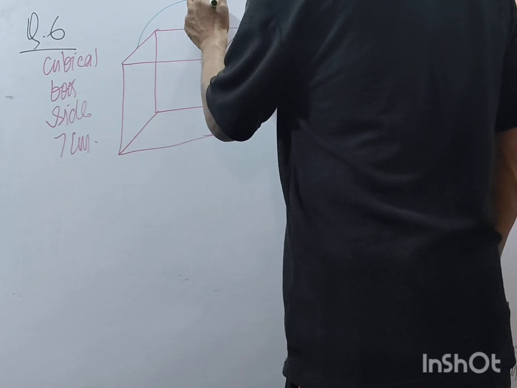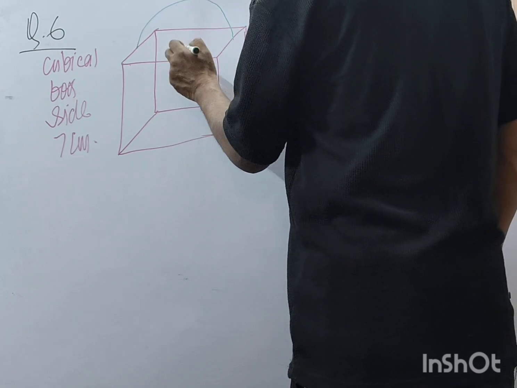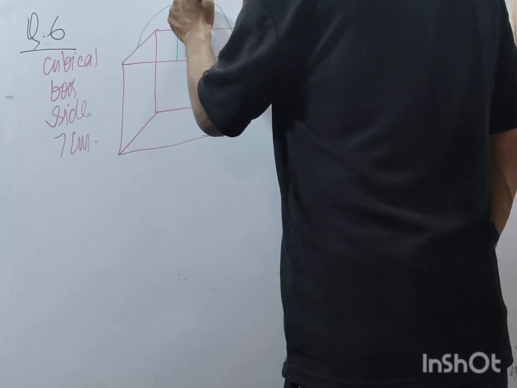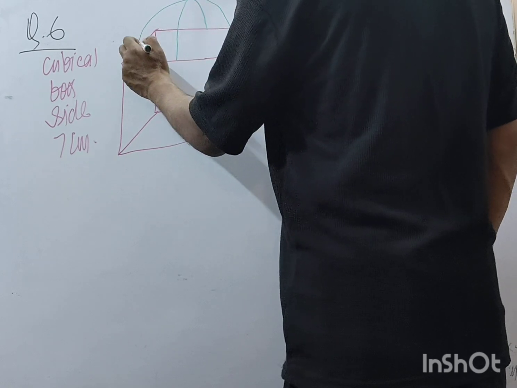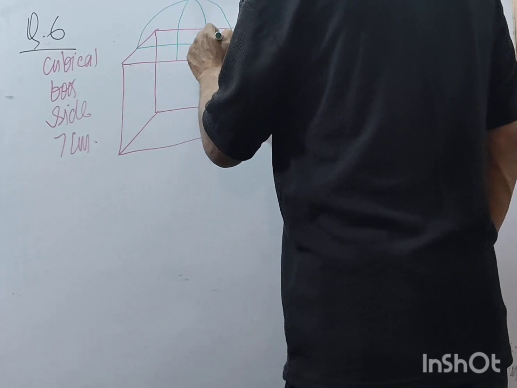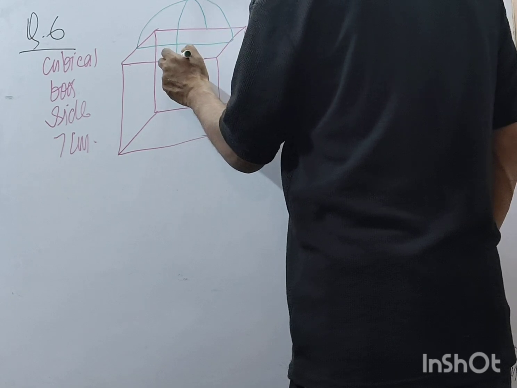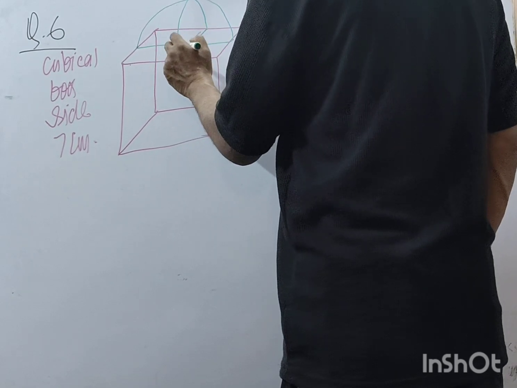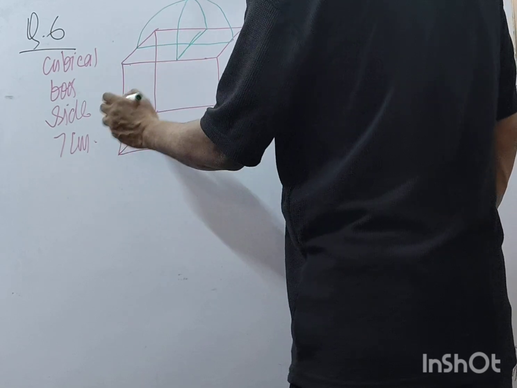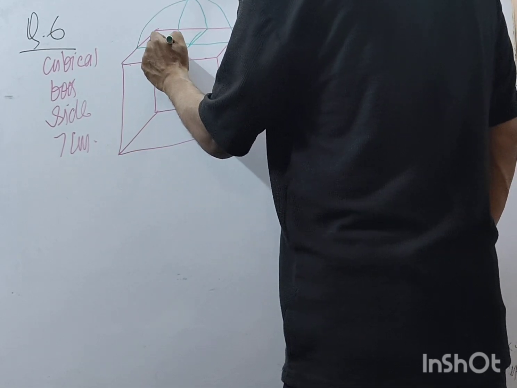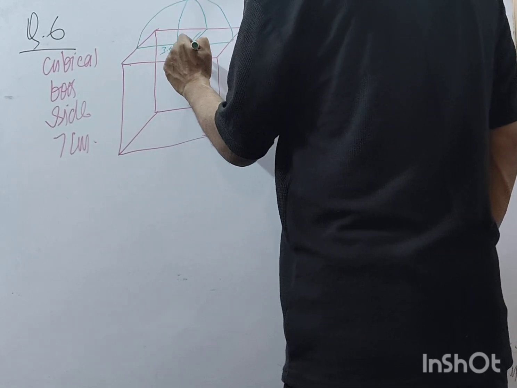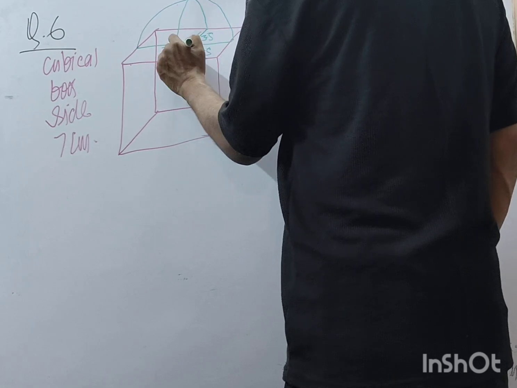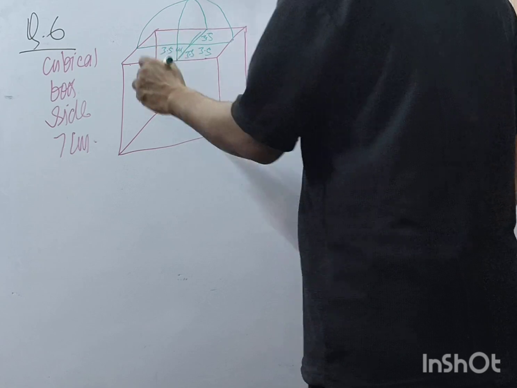This is like this, and it will be like this. So it's cubical, right? So maximum height will be, this is 7, so this is 3.5 centimeter, and this is also 3.5, this will also be 3.5, and this will also be 3.5.